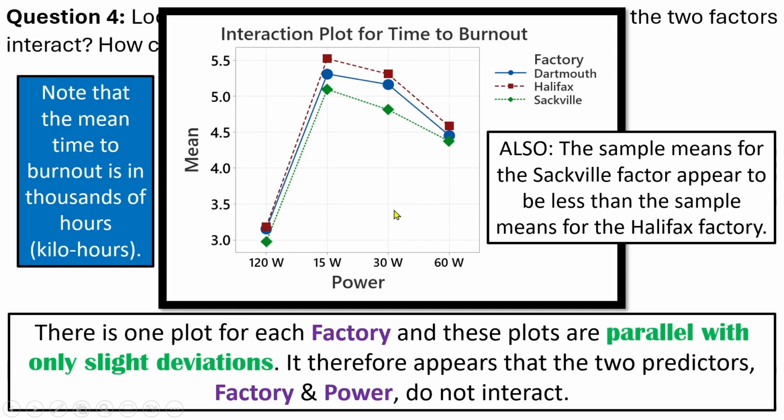That difference is the same for all levels of power. It seems to be systematic. And so we might suspect that when we do the analysis of variance, we will identify an effect due to the different factories. In other words, we might identify this predictor variable, location, as being something that makes a real difference.